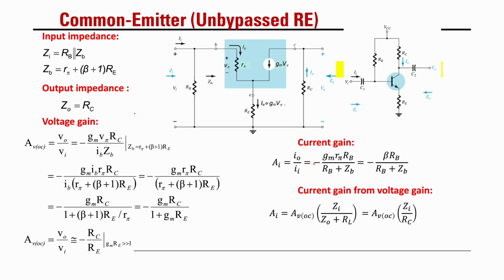It originates from the AVOC. Since our AVOC is negative, you just have to include the negative. I left the negative part out previously, so you just add the negative part, because our AVOC has the negative part.